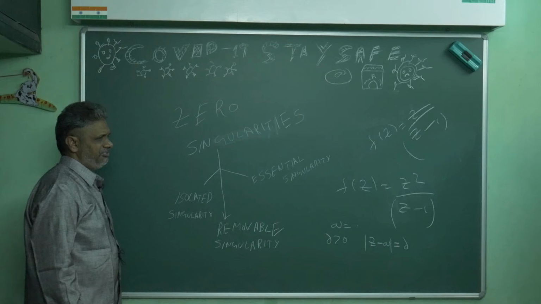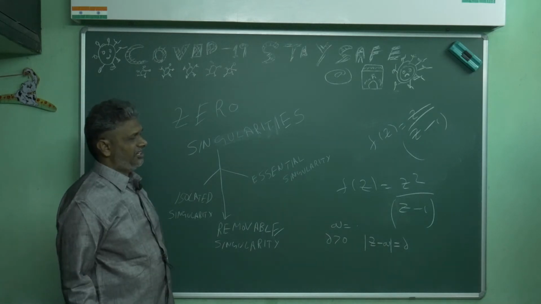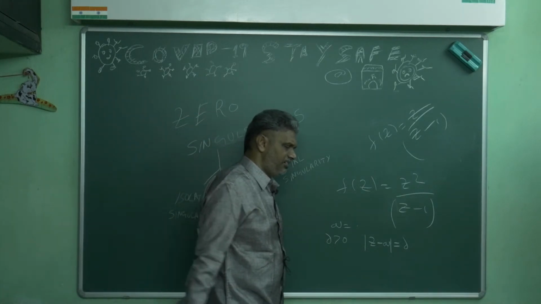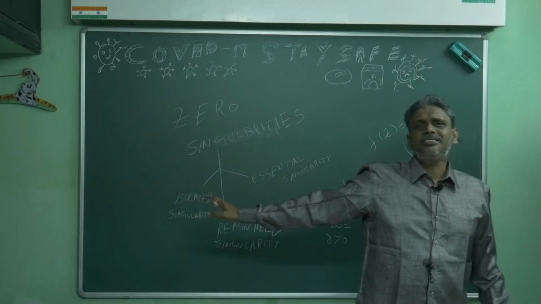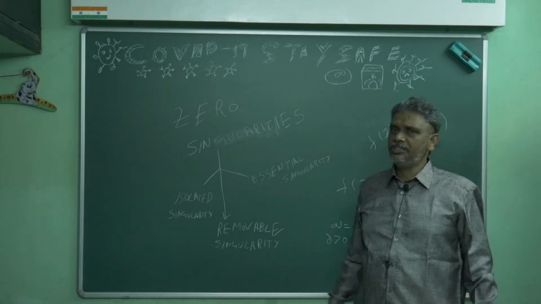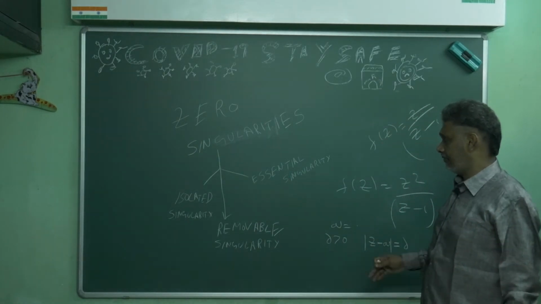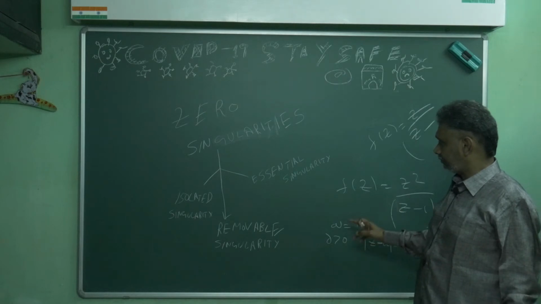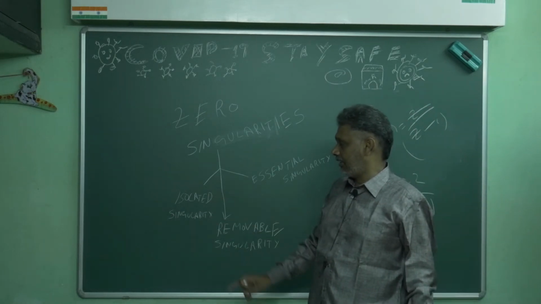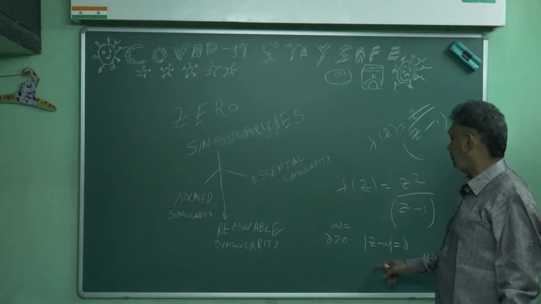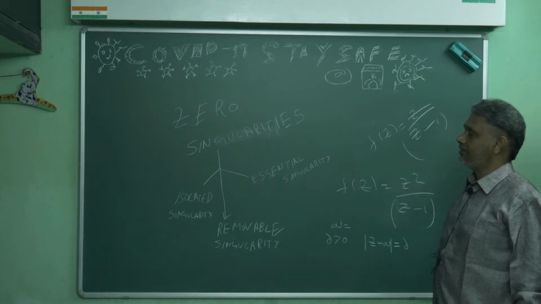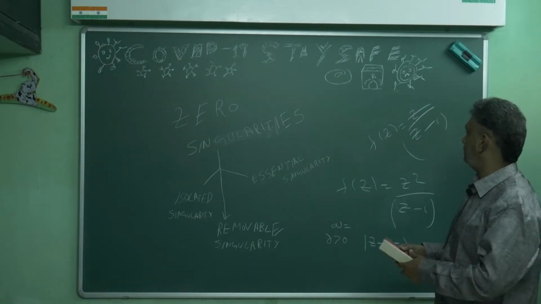Isolated singularity means z equal to a is a singular point and in the neighborhood of a there doesn't exist any other singular point.